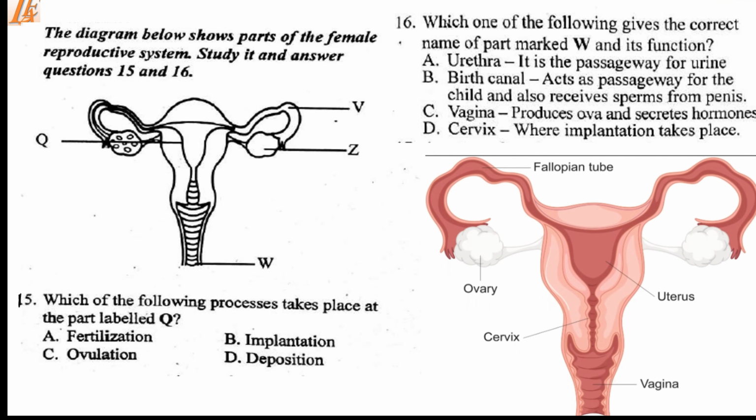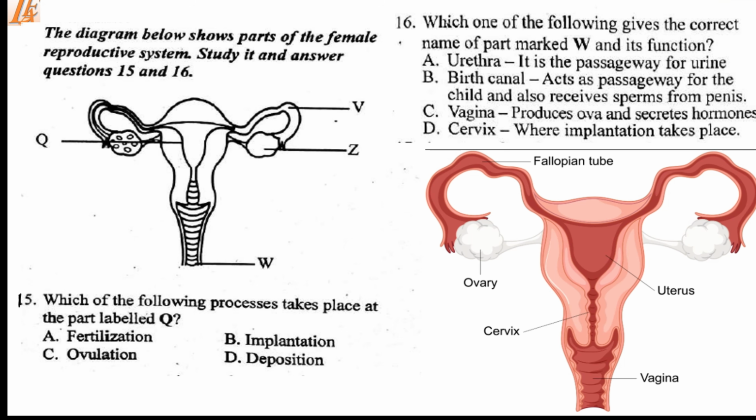The part labeled Q is this part here, which we call the uterus. Then the part which is labeled V is this part here, which we call the fallopian tube, or which sometimes we can call an oviduct.